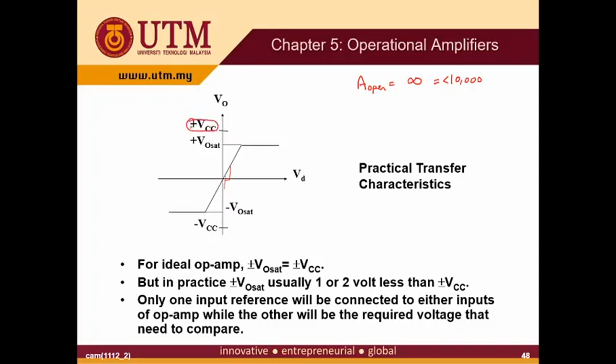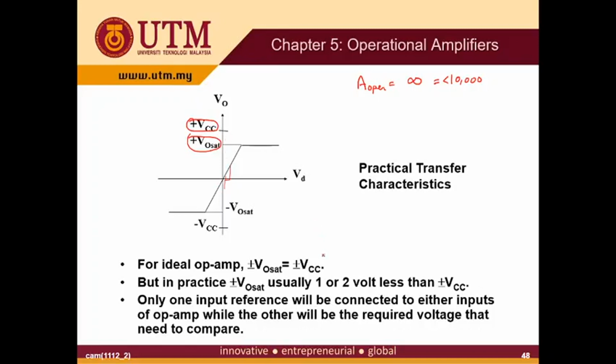You need to be aware of where the positive voltage saturates. In the previous slide I explained that the positive output voltage is saturated or fixed at plus VCC, but in an actual op-amp, the maximum positive output voltage is slightly below plus VCC.